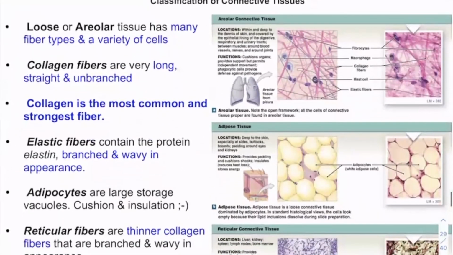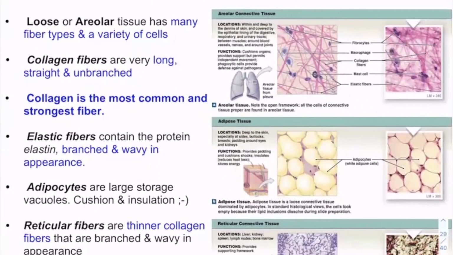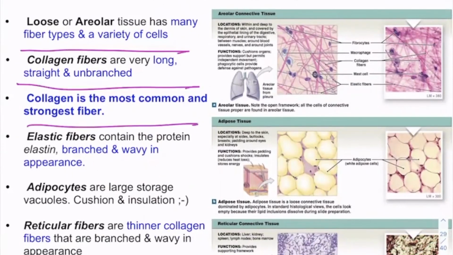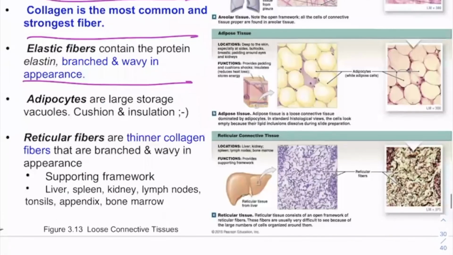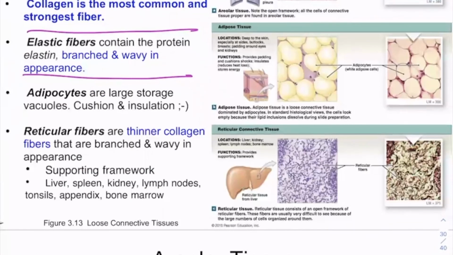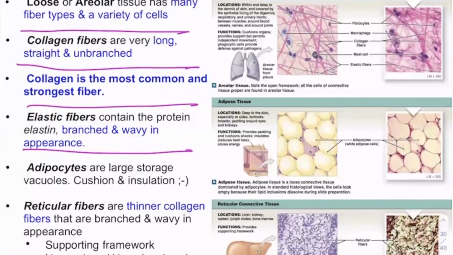As far as classification, again, it's loose or dense. And you just need to read through on the different types, right? So these fibers, what they're best for: adipose is energy storage. Areolar tissue is great for cushioning and supporting.